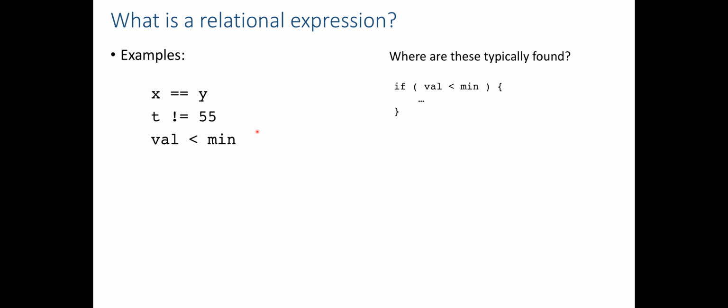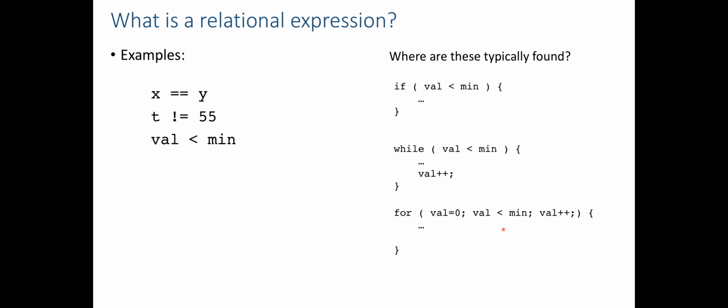So here we're taking this relational expression and putting it in this if statement here. This same kind of expression could be in a while loop. So you might be doing something like this. It also could be in a for loop, where it's the test right here in the middle of the for loop. So these are common examples of these relational expressions.